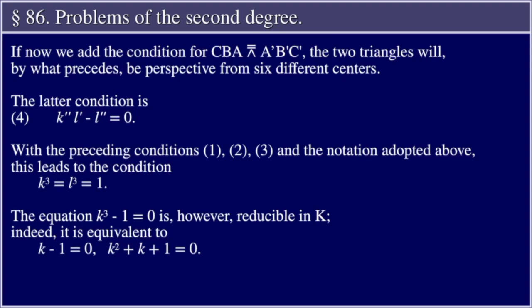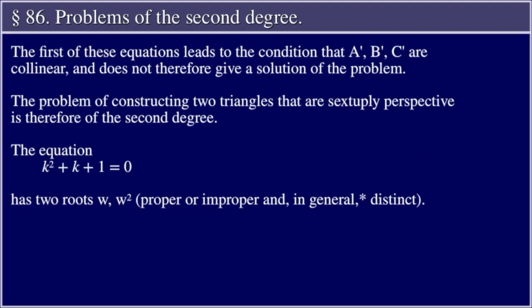The equation K cubed minus 1 equals 0 is, however, reducible in K. Indeed, it is equivalent to K minus 1 equals 0, K squared plus K plus 1 equals 0. The first of these equations leads to the condition that A', B', C' are collinear, and does not therefore give a solution to the problem.